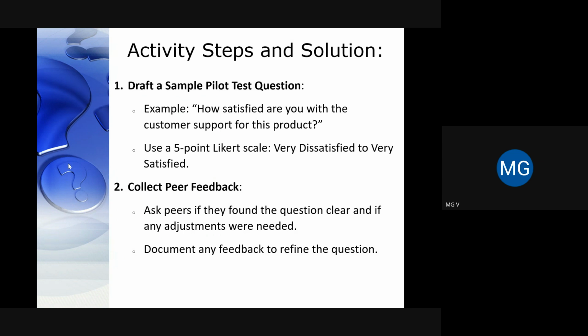Then you can circulate among peers and collect the feedback. You can ask them if they found the question clear and if any adjustments were needed. And you can document any feedback to refine the question. So, testing with peers can reveal wording issues or ambiguities, improving clarity and data reliability in the final questionnaire.